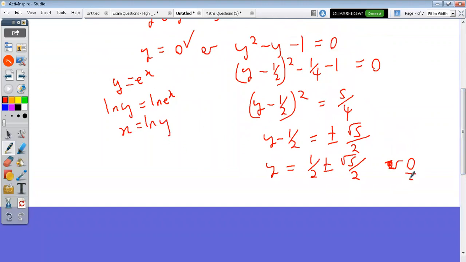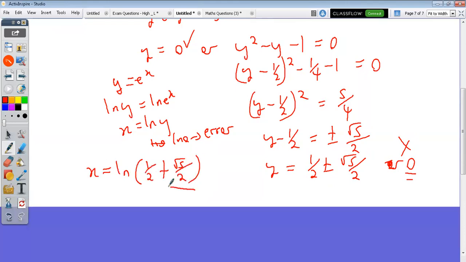So if we say ln 0, we get an error. So this is out. We can't have ln of a negative, so the only answer is the positive one. So it means x is equal to ln brackets half plus root 5 over 2. Or you can find that in your calculator.